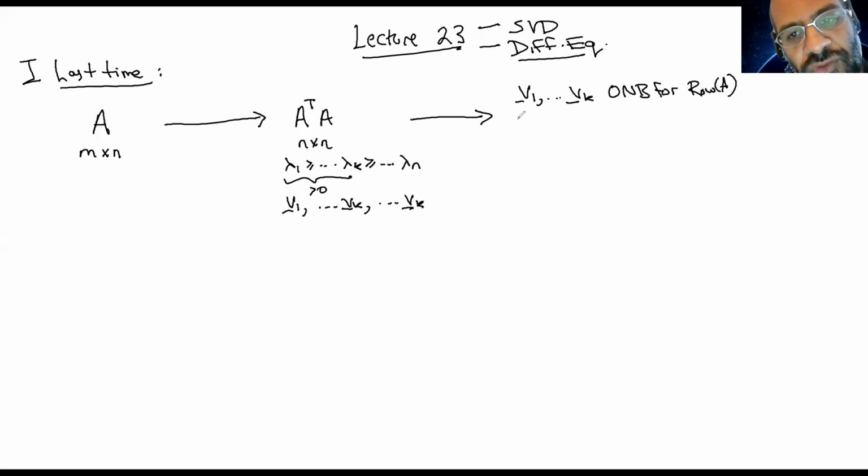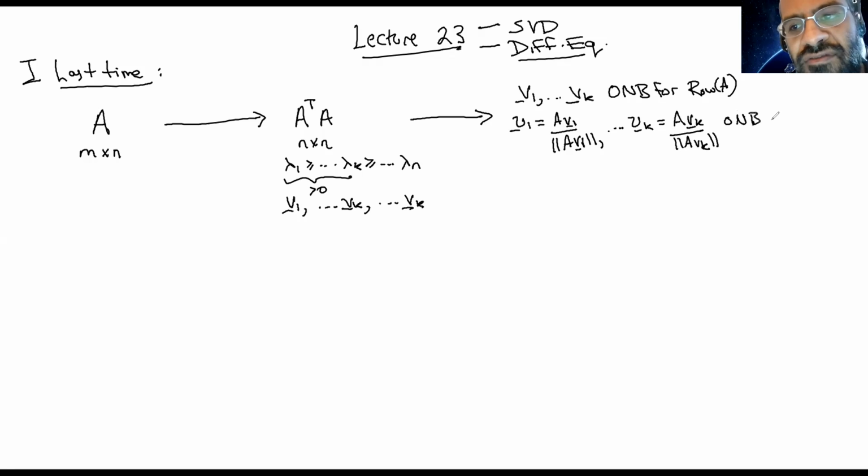Further, if you now map these under A and normalize, you get some other vectors. u1 equals A v1 divided by norm of A v1, all the way up to uk equals A vk divided by norm of A vk. This is an orthonormal basis for the column space of A.